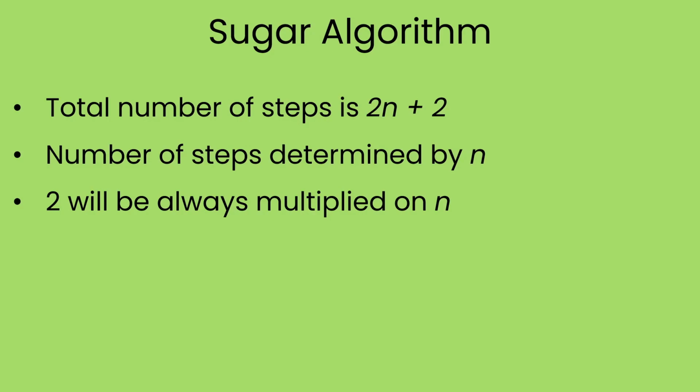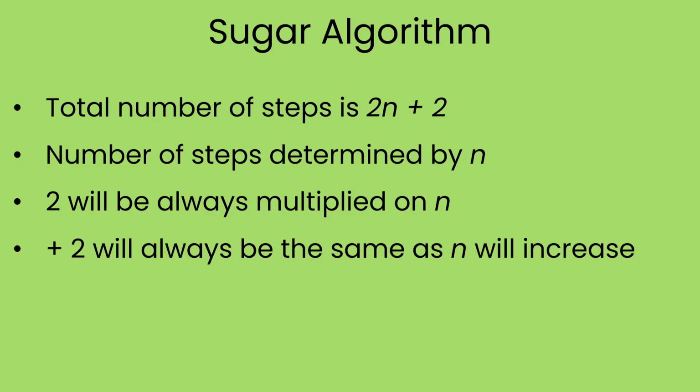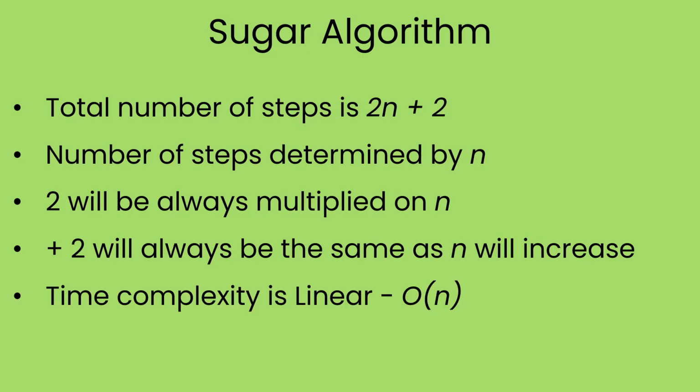So this 2 acts as a constant, for big O purposes, of course. And plus 2 will always be there and will not be affected by the value of n. Because of this, we can say that the time complexity of this linear algorithm is big O of n. So n is what matters when defining the number of steps.